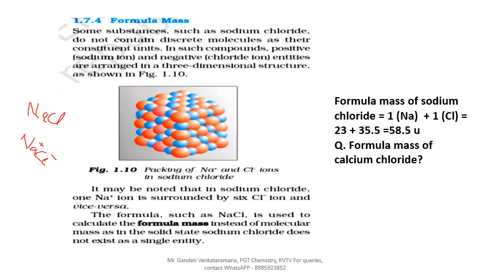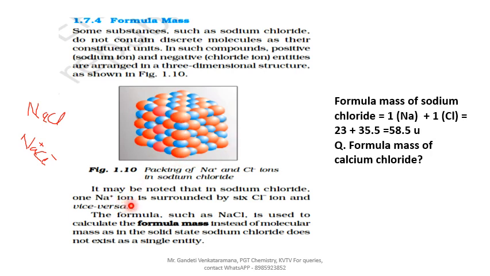Some substances such as sodium chloride do not contain discrete molecules as their units. In such compounds, positive and negative entities are arranged in a three-dimensional structure. You don't need to worry about this. Na plus, Cl minus, Na plus, Cl minus are present alternately.